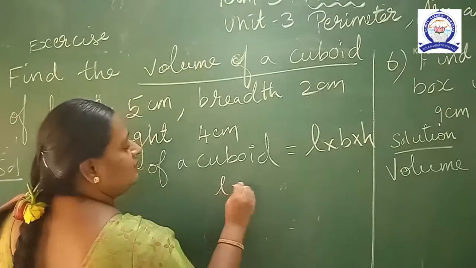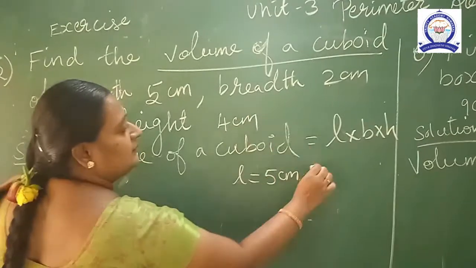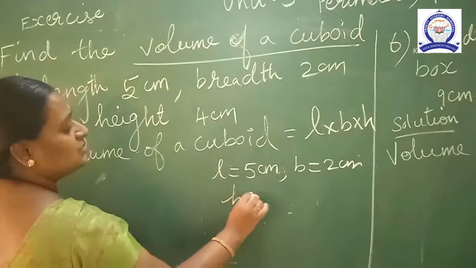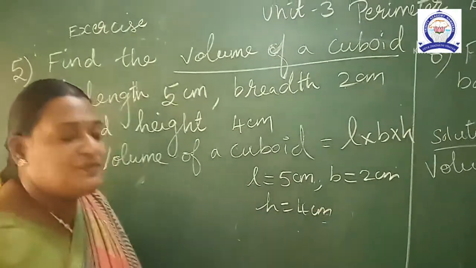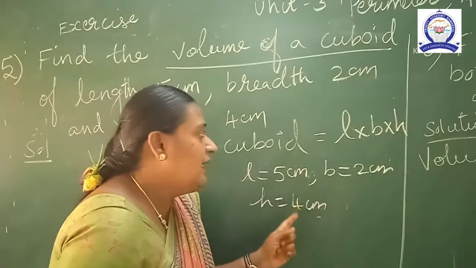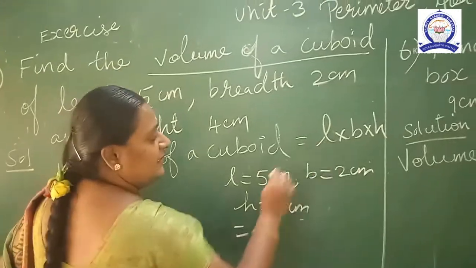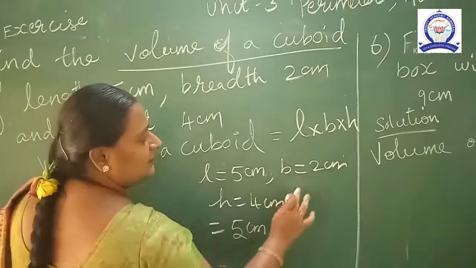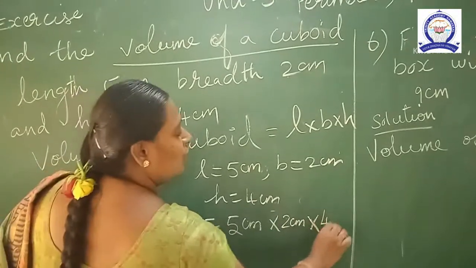Length is 5 centimeter, B is 2 centimeter, H is 4 centimeter. You substitute in this formula: 5 centimeter into 2 centimeter into 4 centimeter.